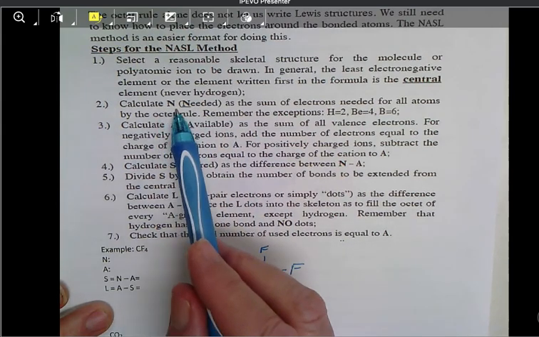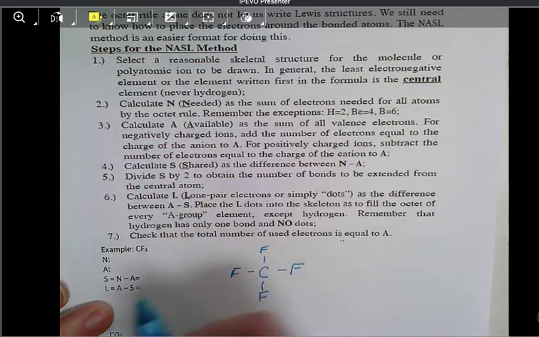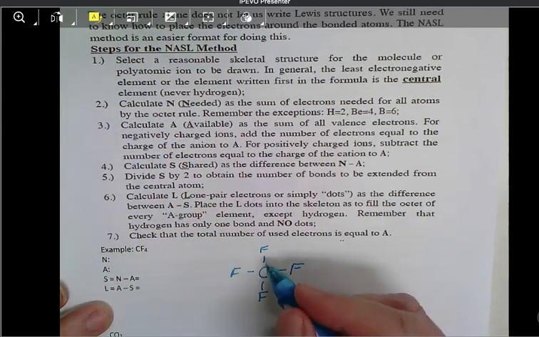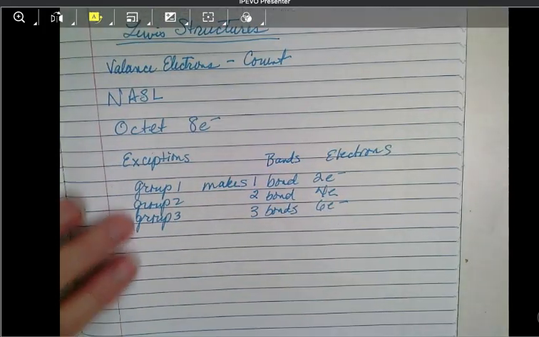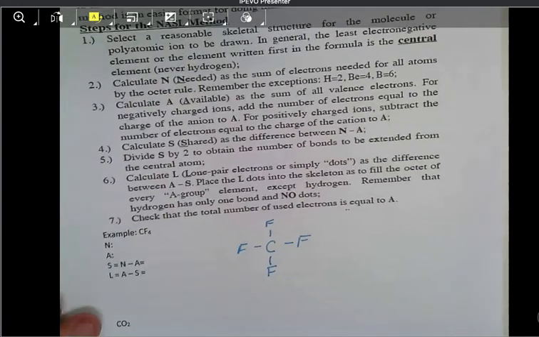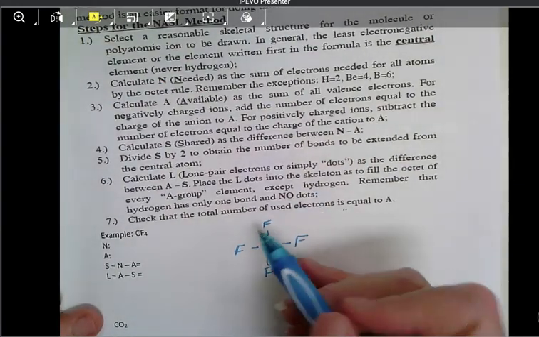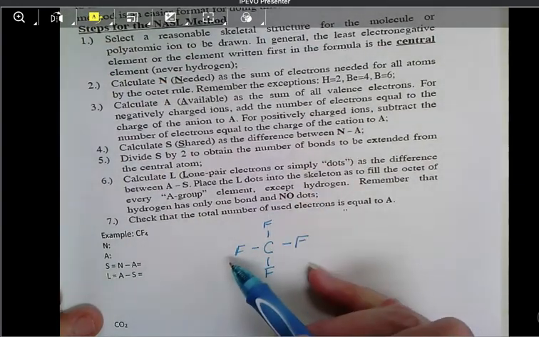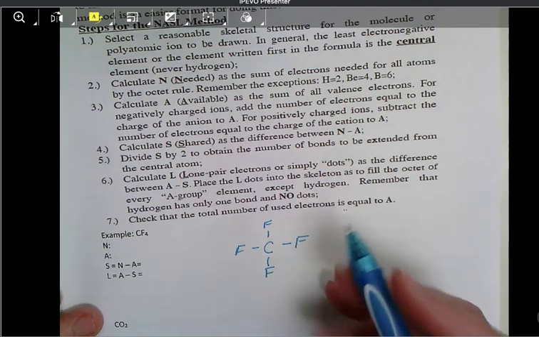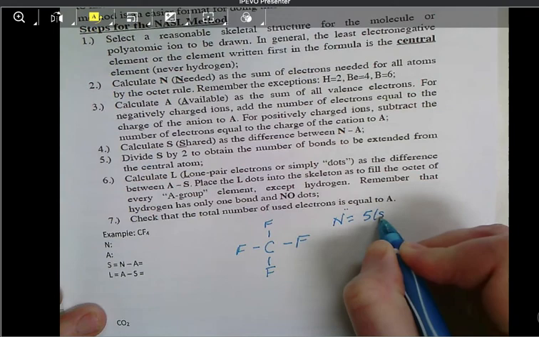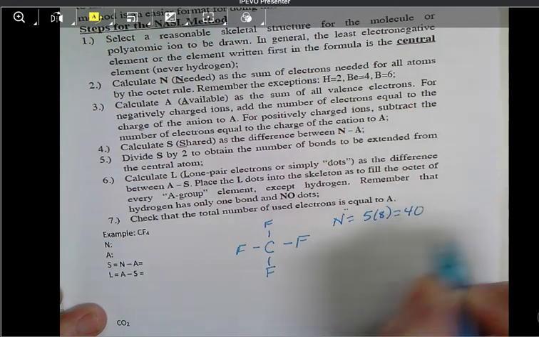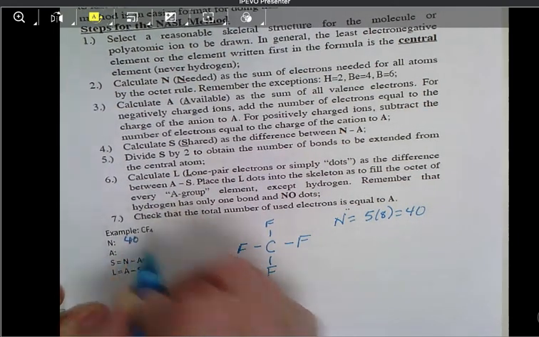Second step is to calculate how many electrons you need. So need means that everybody here is not an exception to the octet rule, so they're all going to want 8 electrons. How many atoms do I have? 1, 2, 3, 4, 5. I have 5 atoms that need 8 electrons, so that's 40. So my need is 40.